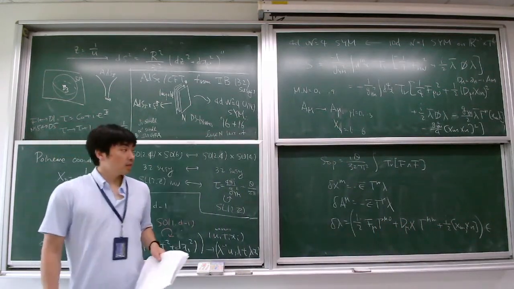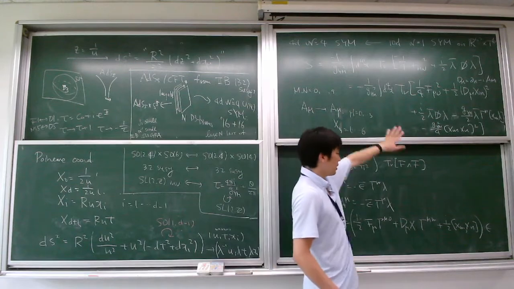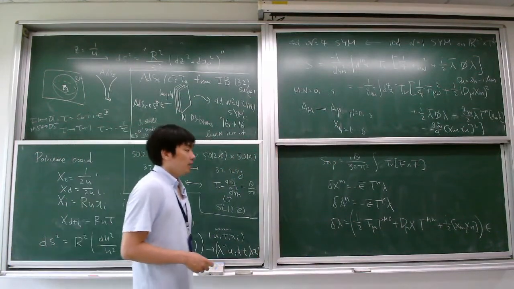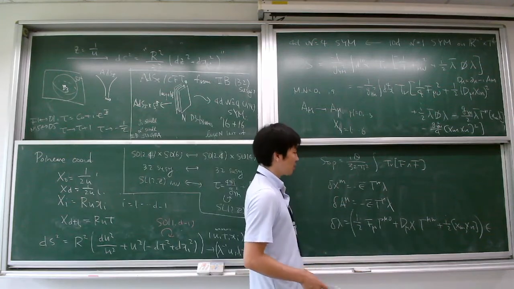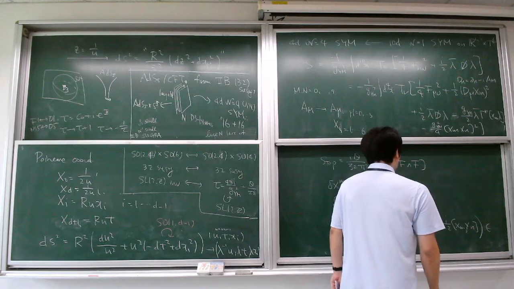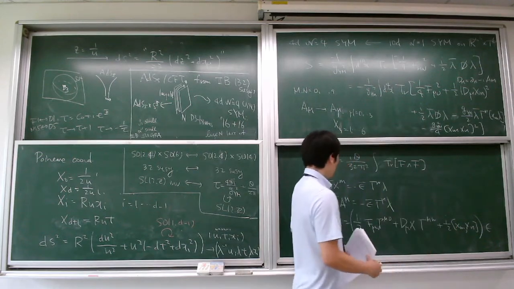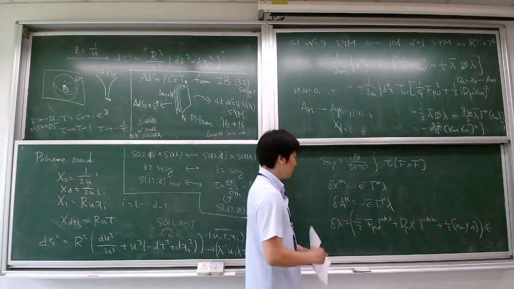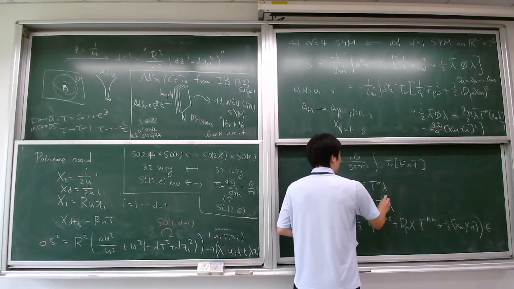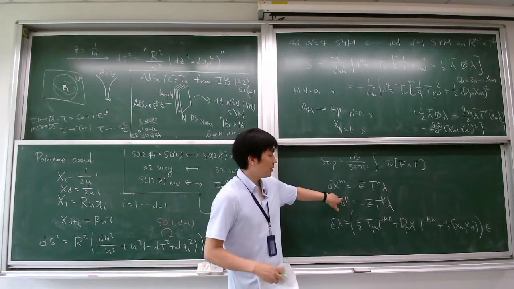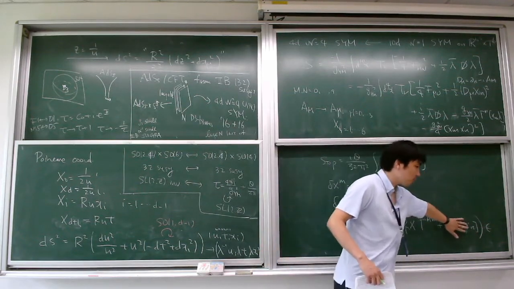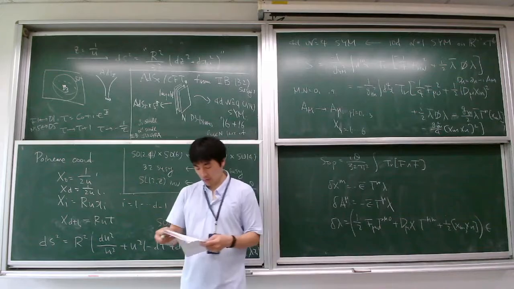Okay, so this action is invariant under this supersymmetry transformation. In 10 dimensions, the supersymmetry transformation is even simpler. So you can imagine, right? Instead of mu, you have a capital M, and you can forget about this. It's much simpler.